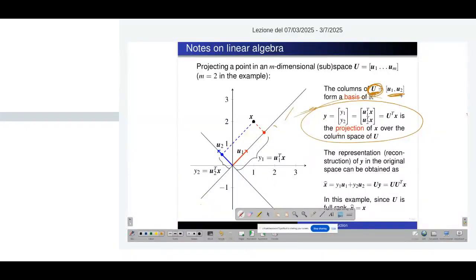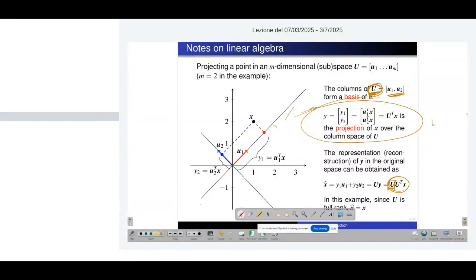These vectors will be the axes of the new coordinate system. And then we have seen that we can represent the projected point in the original coordinate system by simply multiplying by the same matrix U the coordinates of the projected point in the new coordinate system. From the new to the old coordinate system, we go by multiplying a sample by U.